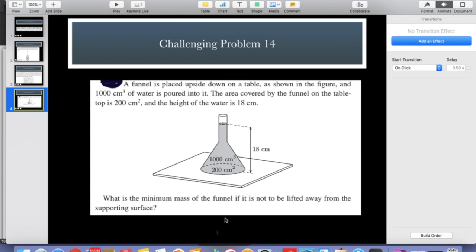What is the minimum mass of the funnel if it is not to be lifted away from the supporting surface? So this is again a very fantastic fluid problem where you have to apply your mind, and there are 2 or 3 ways of solving it, but if it clicks, the problem will take hardly 30 seconds.